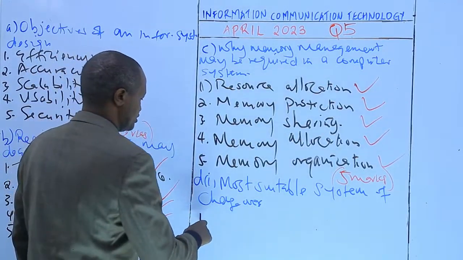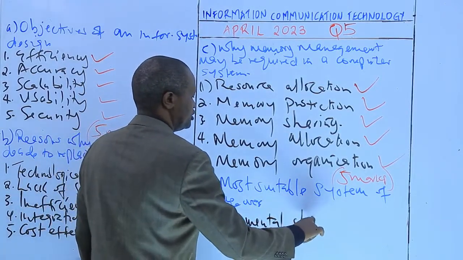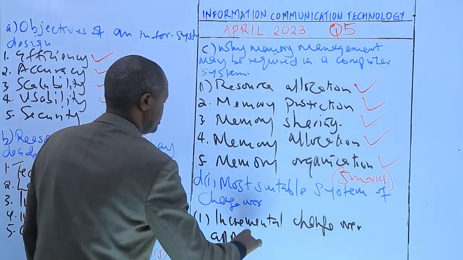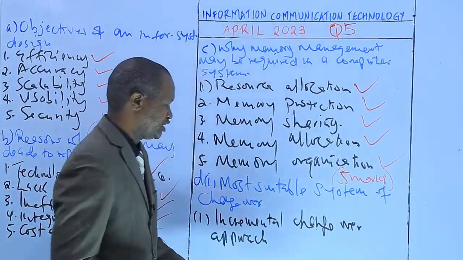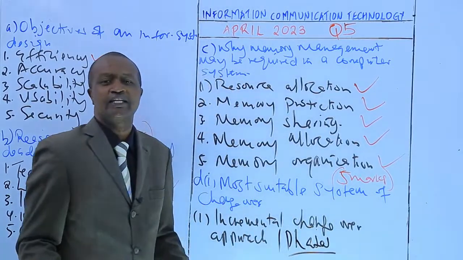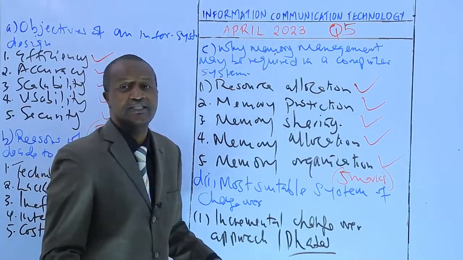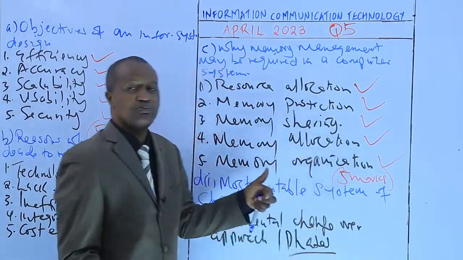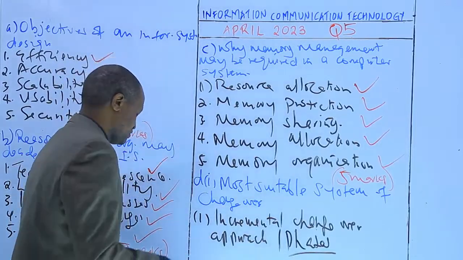The organization can use the incremental changeover approach. That means that the organization should implement the change in phases. The change should not be radical because more people or managers or employees may resist the change. So it's supposed to be gradual, it's supposed to be incremental. It has to be done in phases. So that would earn 1 mark.